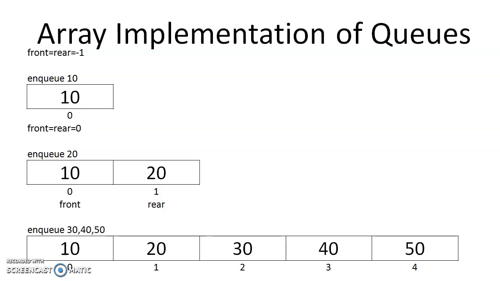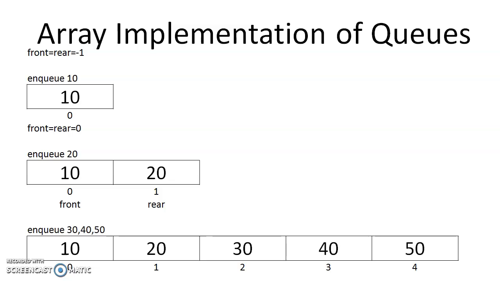the queue has a fixed size, so we can't insert more than that. That's why in the queue we get two conditions: one is the queue is full, and the other is the queue is empty. When there are no elements in the queue, the rear and the front point to -1, because the index starts from 0 for arrays.